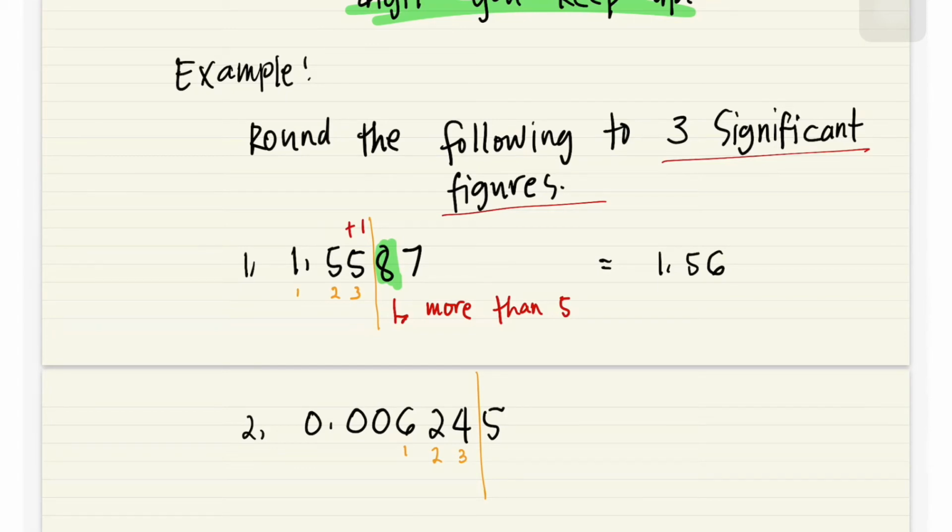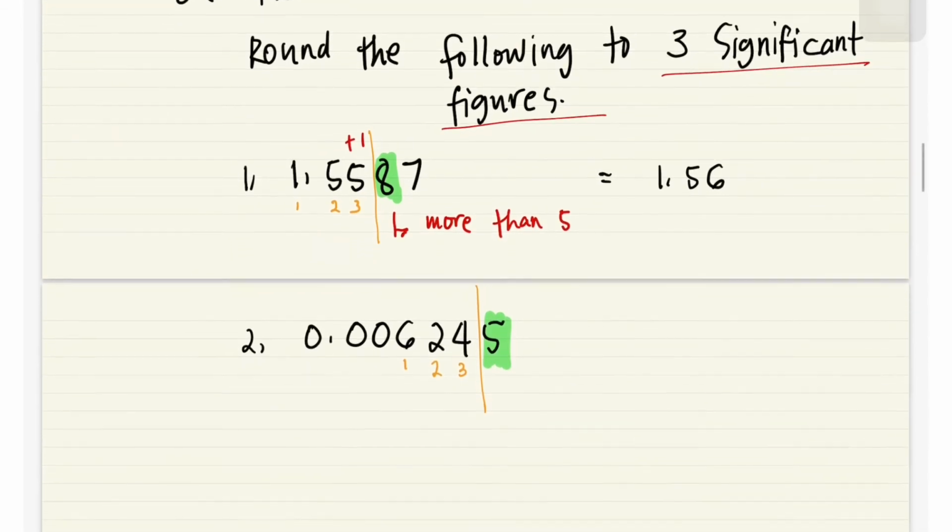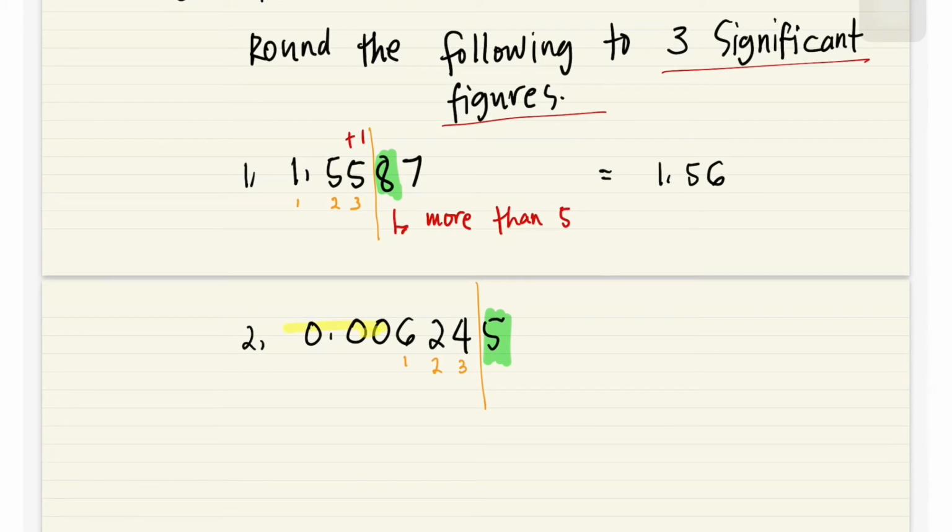So you look at the number after that, which is 5. Now, by the way, why are these zeros not being counted? Because by the rule of significant figures, they are not significant.